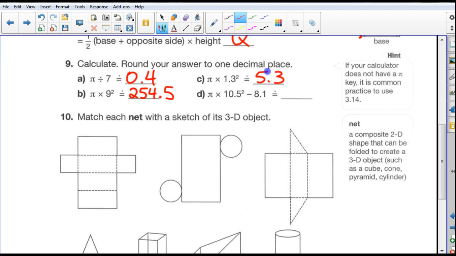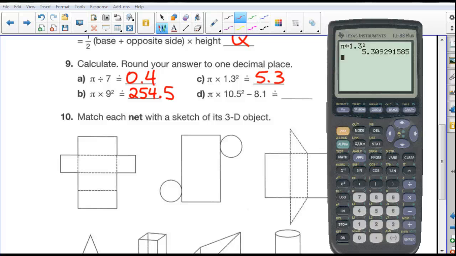And pi times 10.5 squared minus 8.1. Okay, so let's just put it in the way it shows it, and let's just see if our calculator does order of operations. Pi times 10.5 squared minus 8.1. I get an answer of 338.26. We need to round to the nearest tenth.